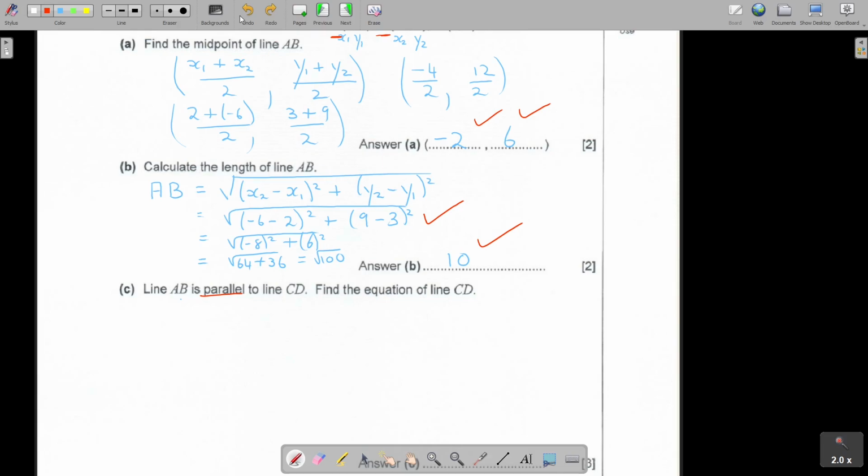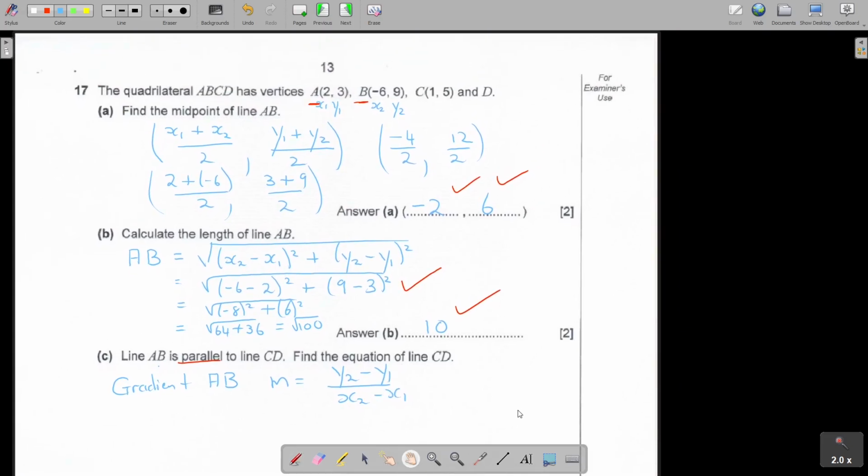To find the gradient, let's say the gradient of AB. If I find the gradient of AB, it's m. I think we did it: y2 minus y1 over x2 minus x1. Okay, so what were A and B? Luckily I marked it already there. Can you remember?